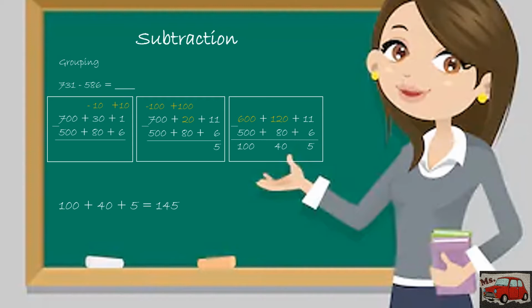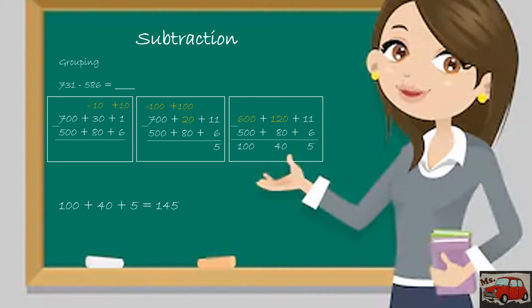Now, let's subtract it according to their place value. 1 minus 6, hindi pwede, so we'll borrow another 10 from the next place value. So, yung 30, since tinanggalan ko ng 10, that will become 20. And yung 1, na hiniraman ko ng 10, so magiging 11 yan. So, 11 minus 6, it will become 5.